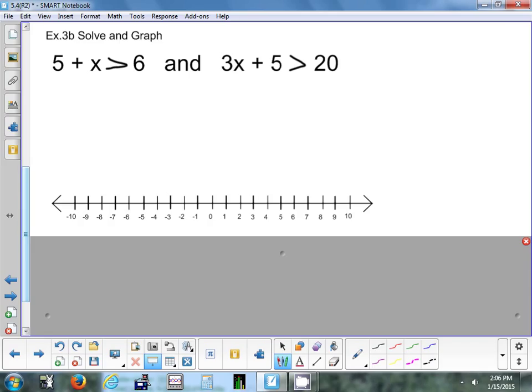Anytime we have an equation or inequality, what's our goal? To get it by itself. So what would your first step be? Go ahead, tell me what you're thinking.